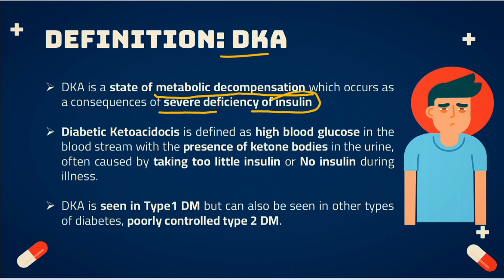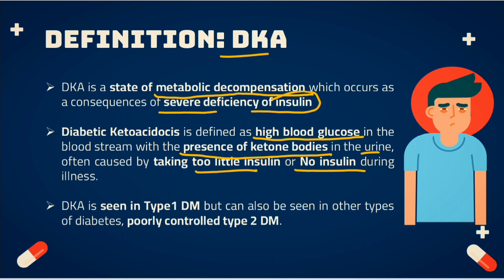DKA can be defined as high glucose level in the blood, and because of that there is presence of ketone bodies in the urine, and this is often caused by taking too little insulin, or there is no insulin during the illness.